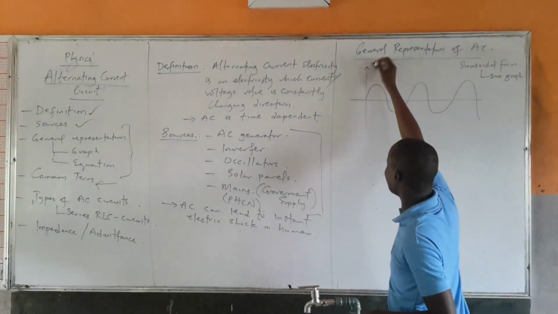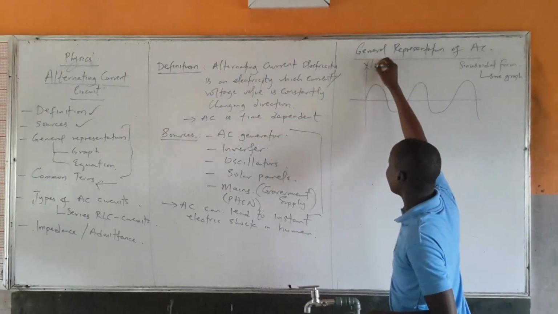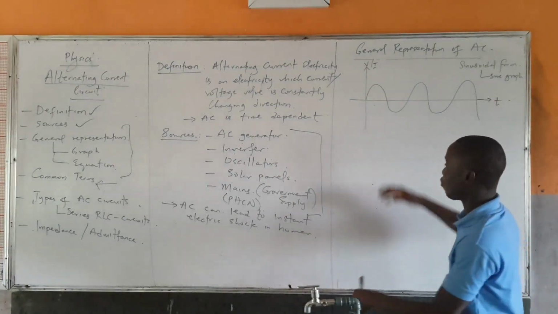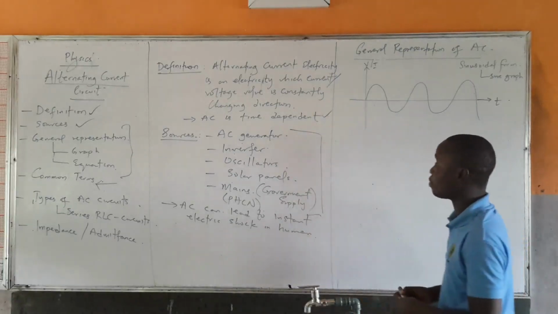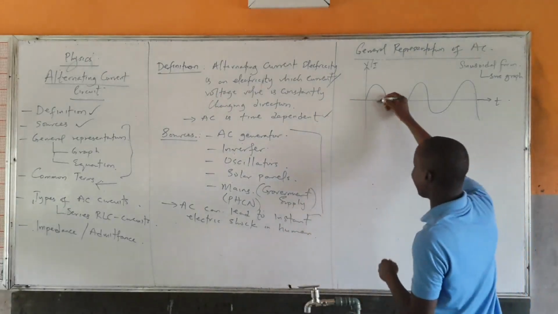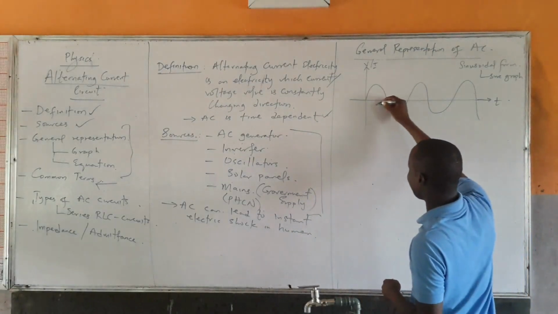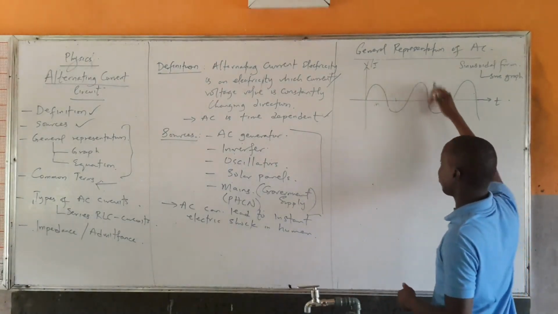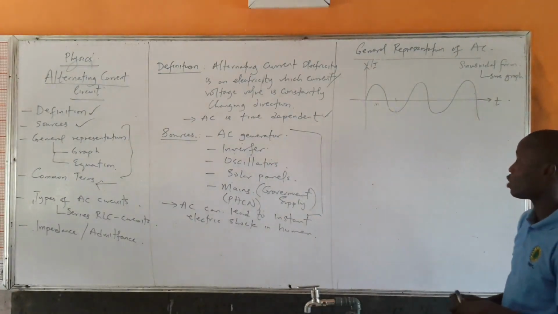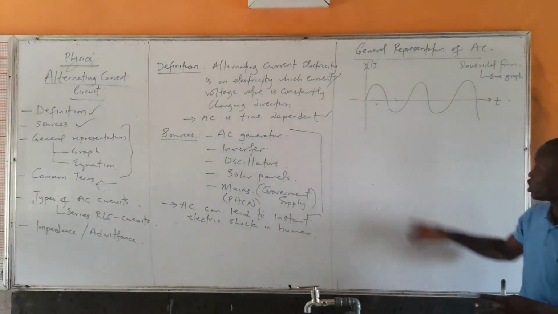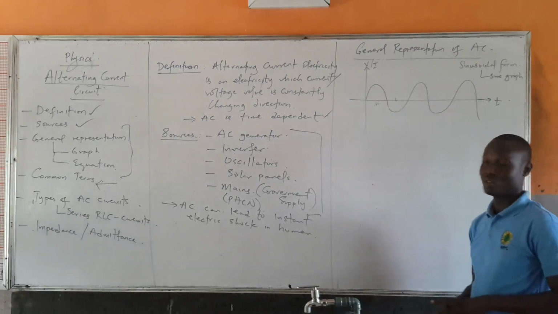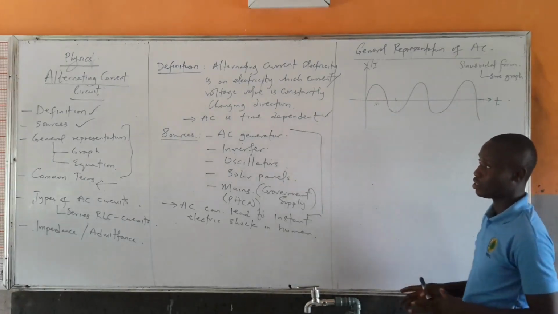This graph represents the voltage or the current against time. So when I say alternating current is time dependent, it simply means that at a particular time it could be maximum, at another time minimum, at another time flat, increasing or decreasing. When you have a form of electricity in which the value is constantly changing with time, you call it alternating current electricity.